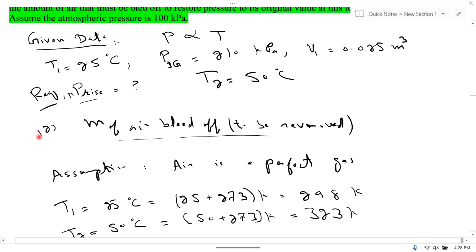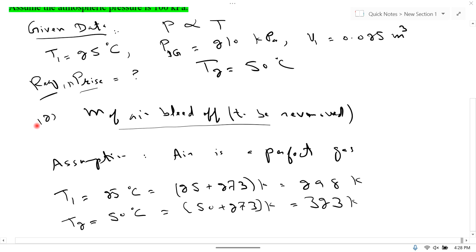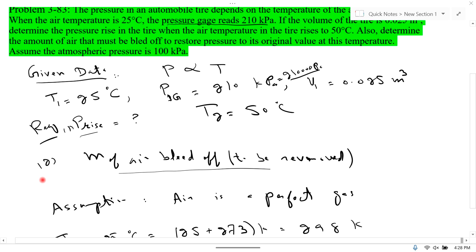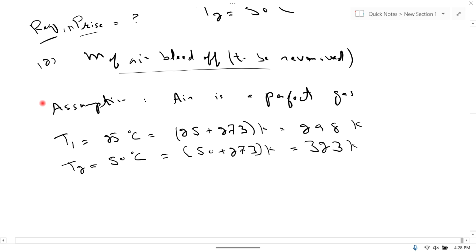And P1 gauge is 210 kilopascal. In the statement, at the end, assume the atmospheric pressure is 100 kilopascal.